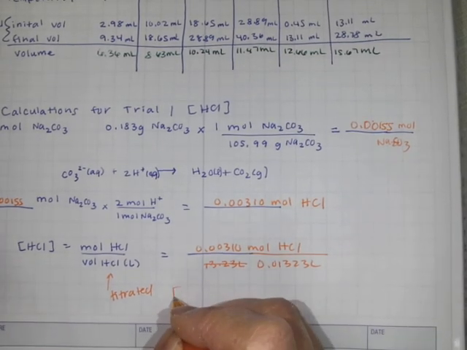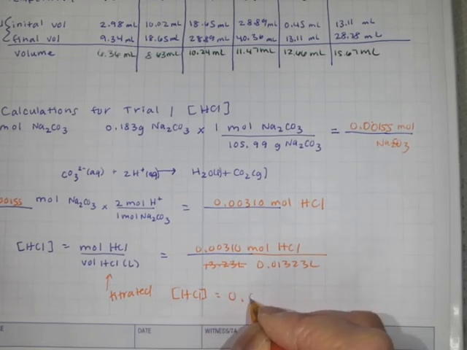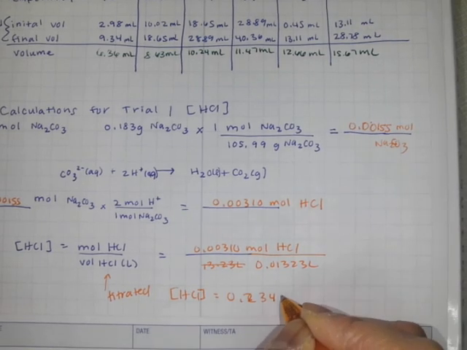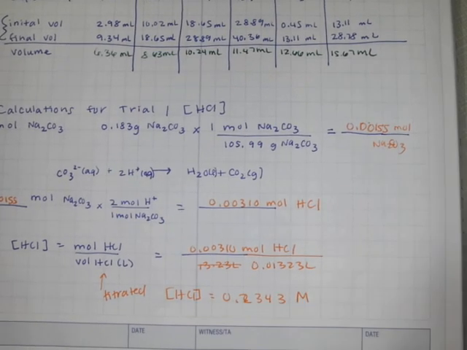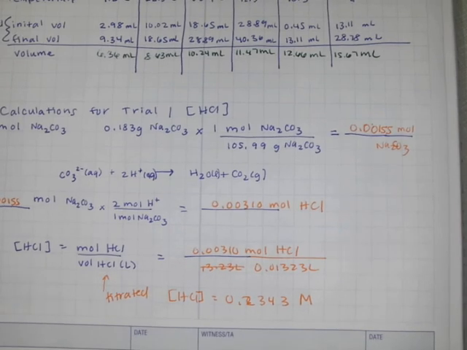So my concentration of HCl for trial 1 is 0.2343 moles per liter, or capital M. You want to do this for all 3 of your sodium carbonate trials with HCl, and then find the average as well as the RSD.